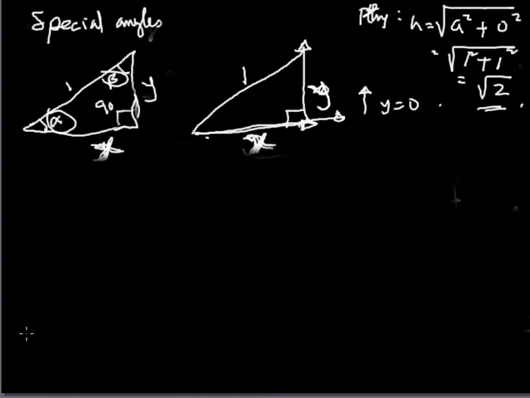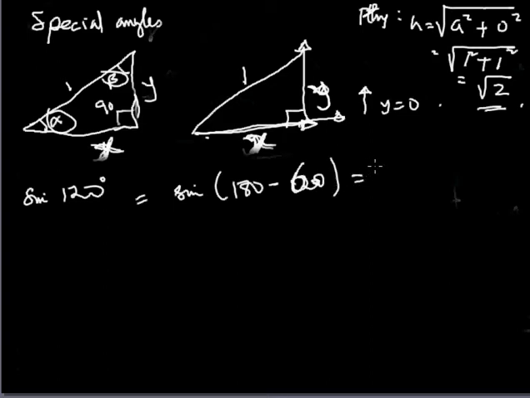Now take for instance, you have a question that is sine 120 degree. Well, sine 120 degree is the same thing as sine of 180 minus 120, I mean, minus 60, which is the same thing as sine 60 degree.